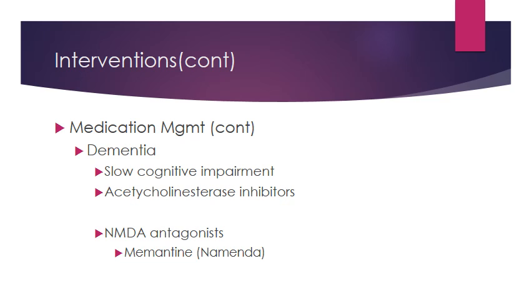Another class of medications are the NMDA antagonists. One example is Namenda that I have down there. This medication targets glutamate. Glutamate is a neurotransmitter, and normal levels of glutamate play a very important role in the neural pathway associated with learning and memory.